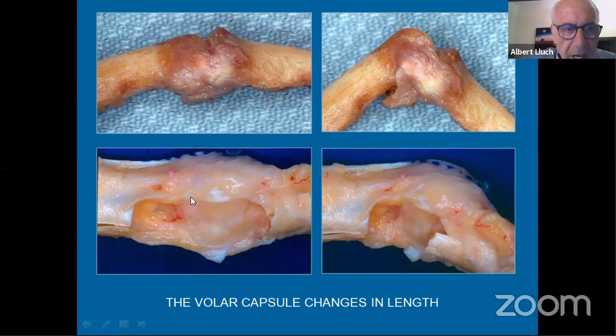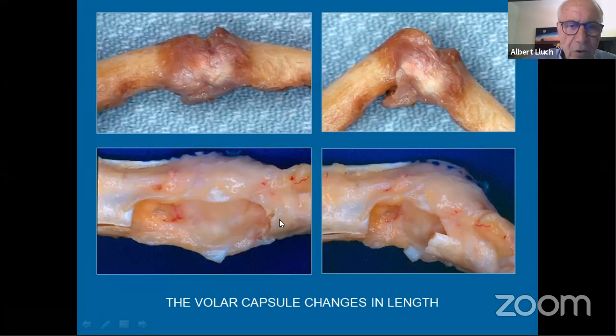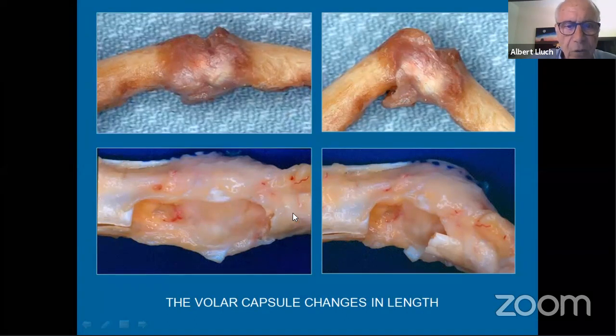And here I removed the skin. This is the A2 pulley, this is the volar part of the finger. This is the end of the A2 pulley. This is the A4 pulley distally, and here is the volar plate. All this is the volar plate. And this is the A3 pulley: A2, A3, and A4.